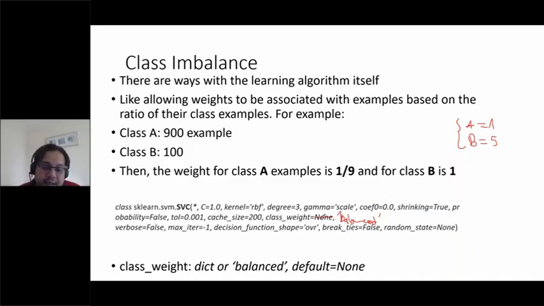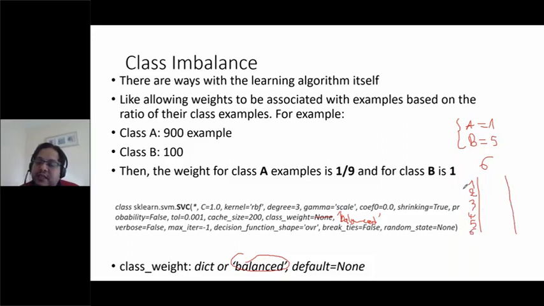So if we put balanced in here, what happens is that we get a coefficient for each sample. How many samples do we have here? 6. Exactly, 6 samples. So each sample 1, 2, 3, 4, 5, 6.